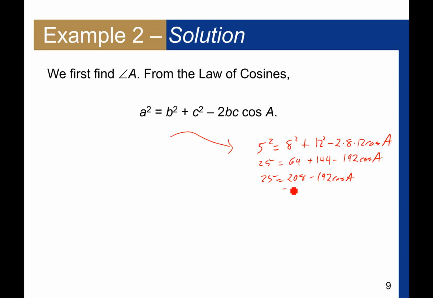We should then subtract 208 from both sides. But Mr. Mark, that's going to be negative. That's okay. The coefficient over here is negative. When we divide, negative divided by a negative will give you a positive.